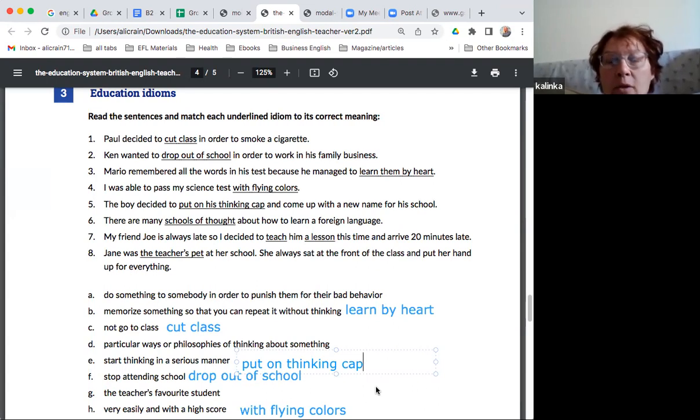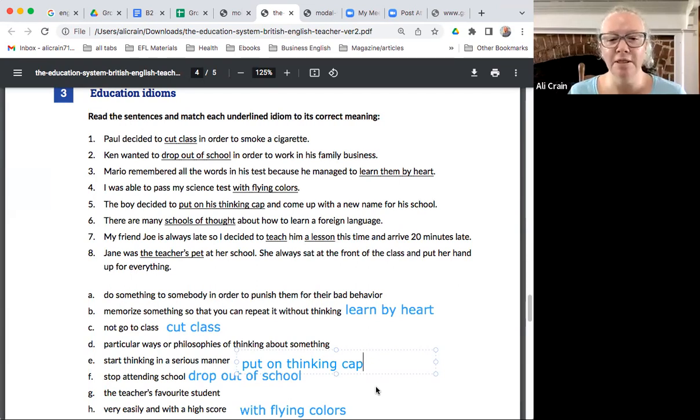Come up with a new name for his school. What does it mean? It means he wants to develop or create or think about a new name, so if you wanted to change the name of the school that he was going to.